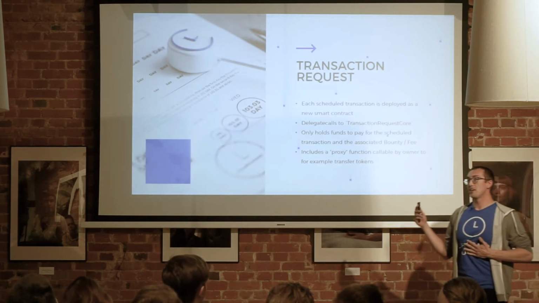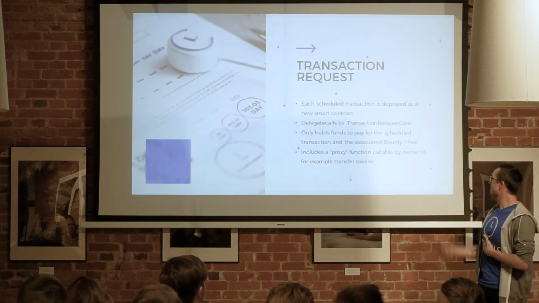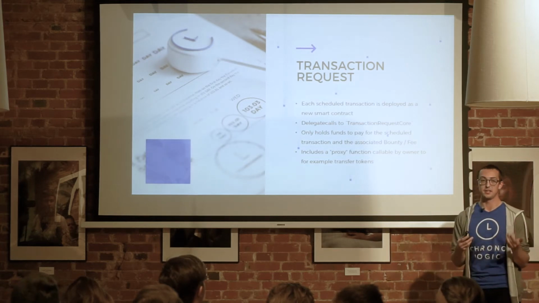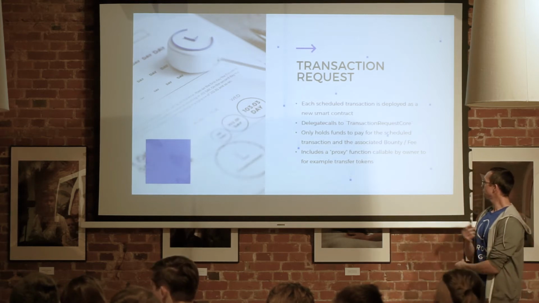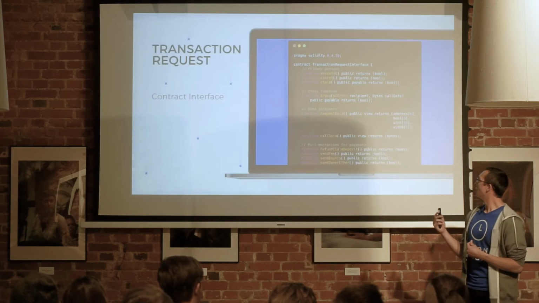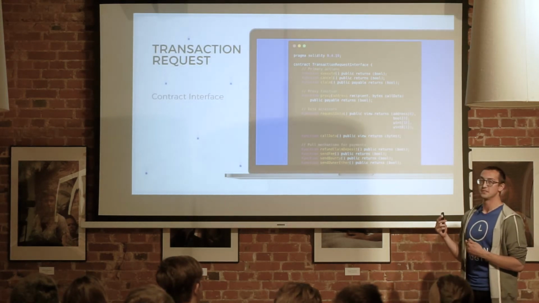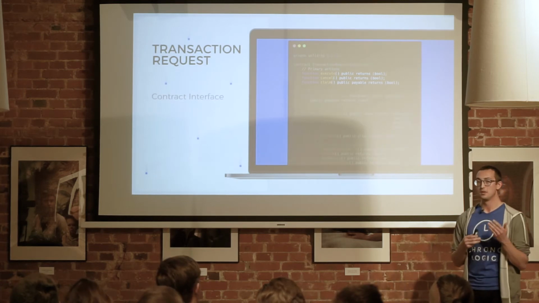The scheduled transactions, or the transaction requests, each one is its own contract. Here's the interface for that. It just contains logic to execute that transaction, claim it, and proxy.